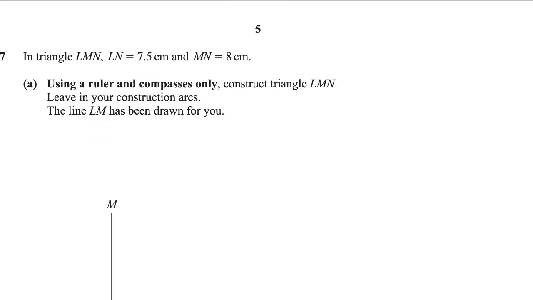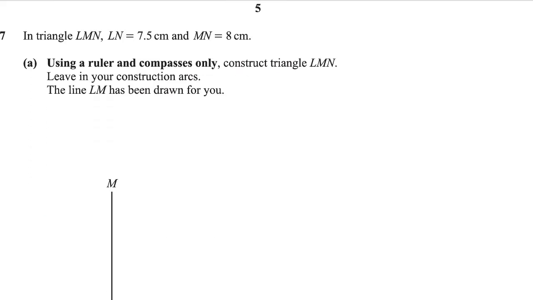Okay. Question 7 says in triangle LMN, LN is equal to 7.5 cm and MN is equal to 8 cm. Using a ruler and compasses only, construct triangle LMN. Leave in your construction arcs. The line LN has been drawn for you.